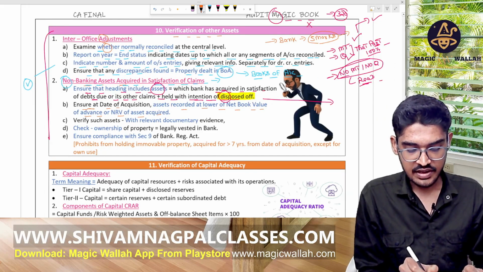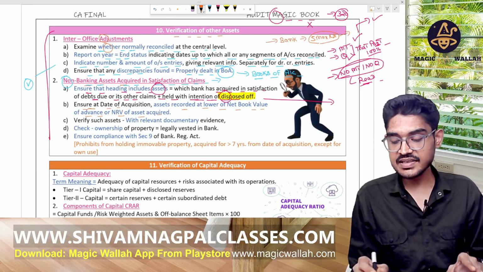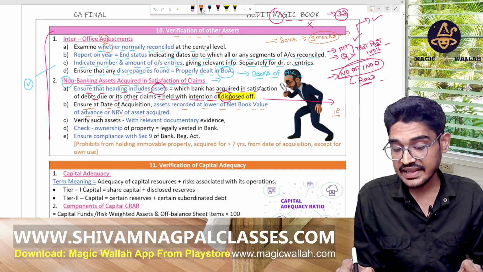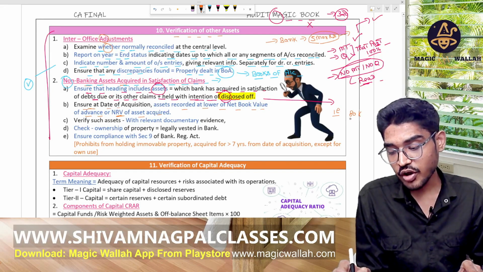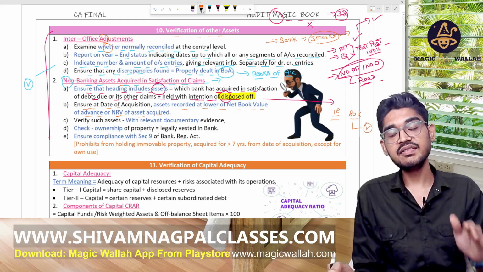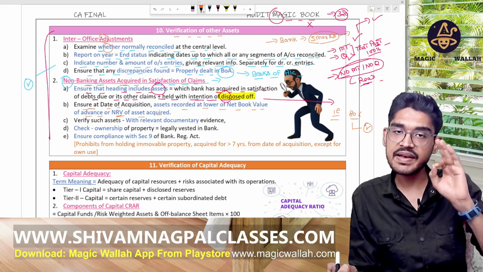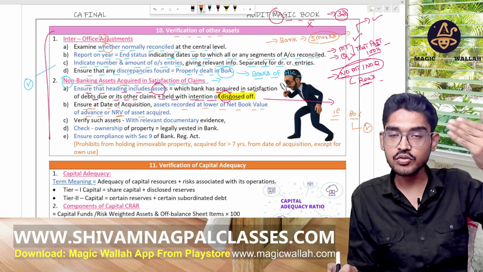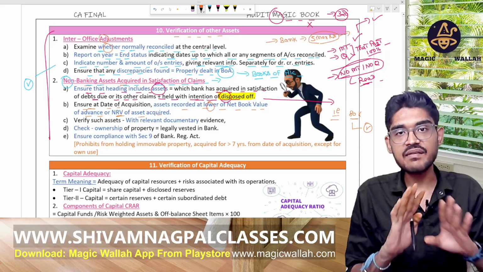Let's say the book value of the advance is 1 lakh and the NRV of the asset is 80k. So we have to record the lower of both, we have to take the 80k here. If the value of the asset is 1.2 lakh, then we will take the 1 lakh only. Whichever is lower, asset NRV value or the book value of the debt.